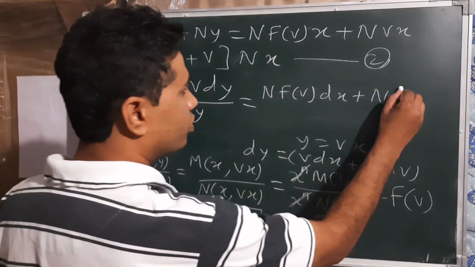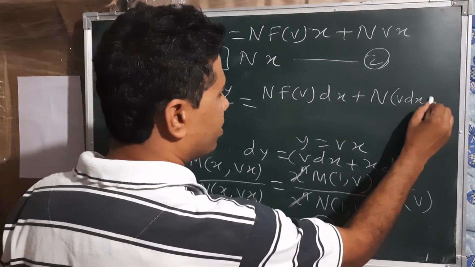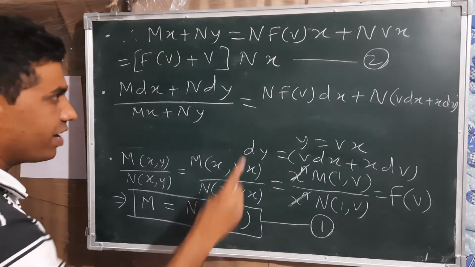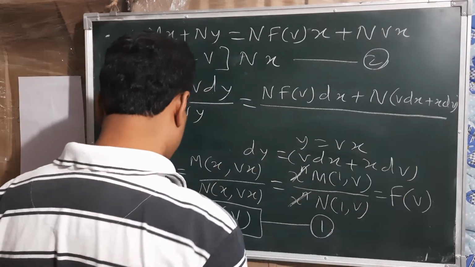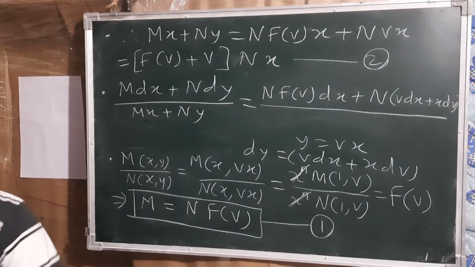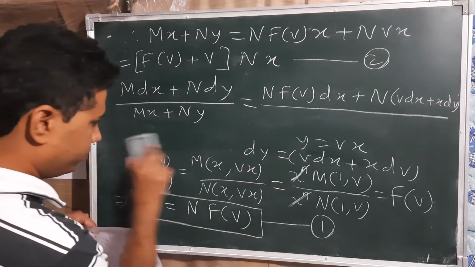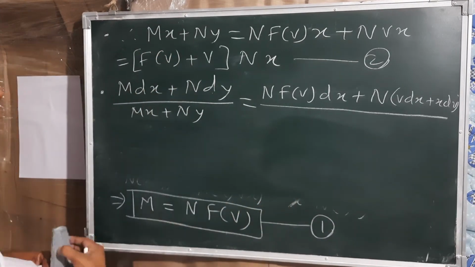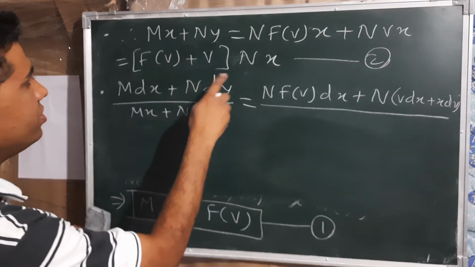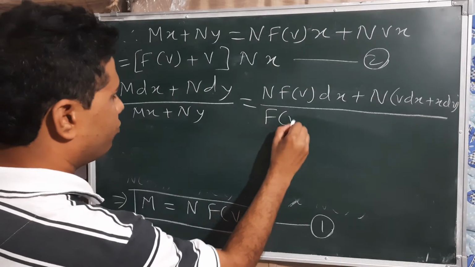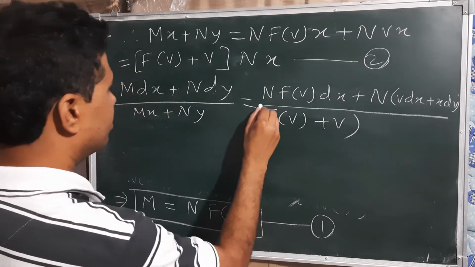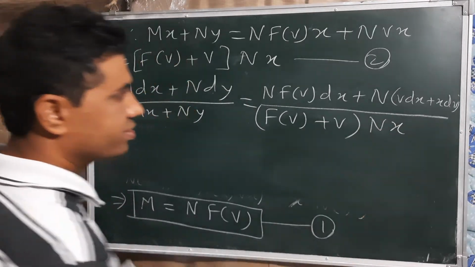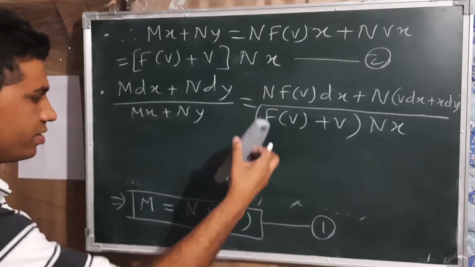So N into v dx plus x dv, divided by Mx plus Ny, which is F of v plus v into Nx.